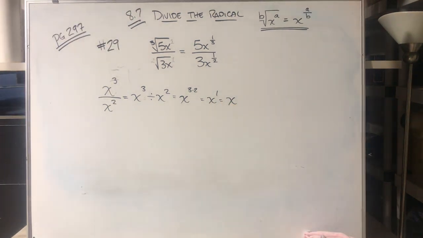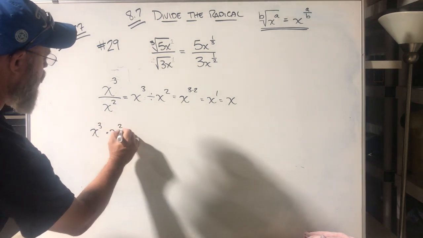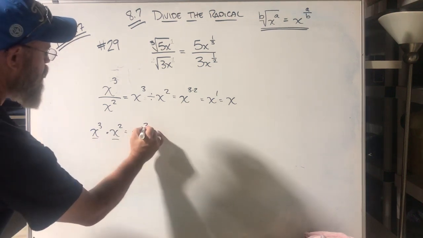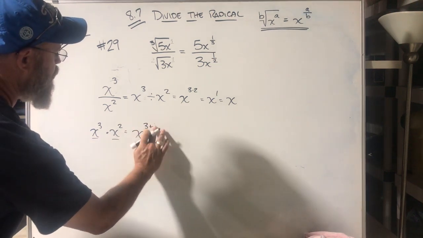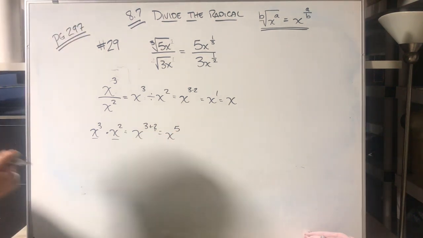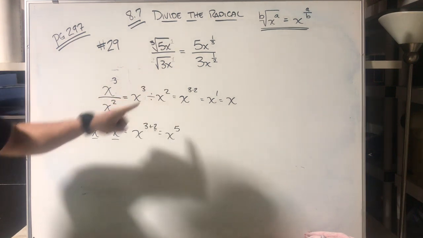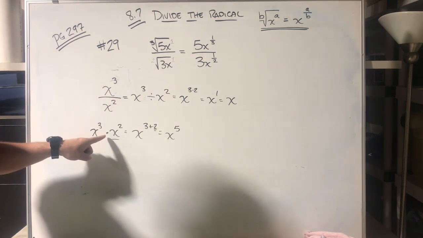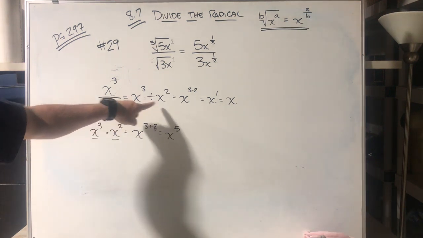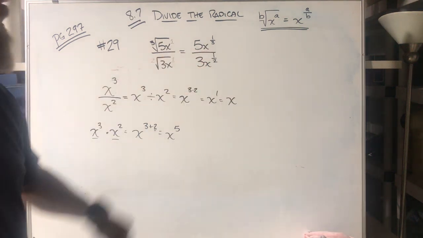When we're multiplying, x cubed times x squared, you keep the variable and then you just add the exponents. So when we're dividing, we subtract the exponents, and when we're multiplying, we add the exponents. But the variables have to be the same, which they are. It's x and x. Okay?